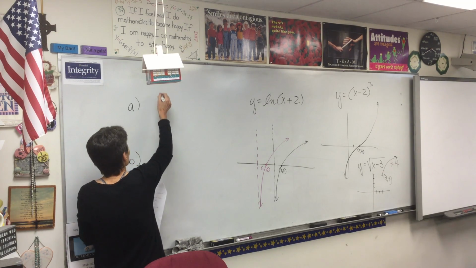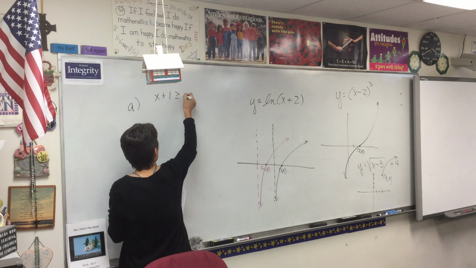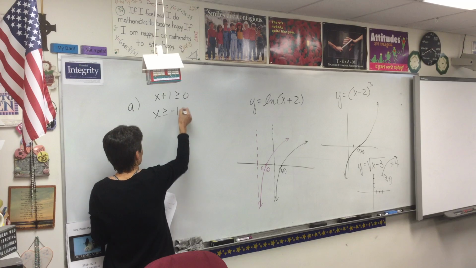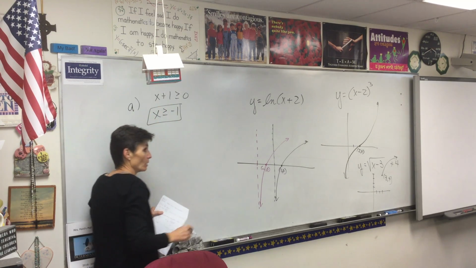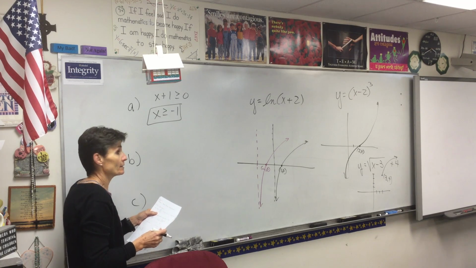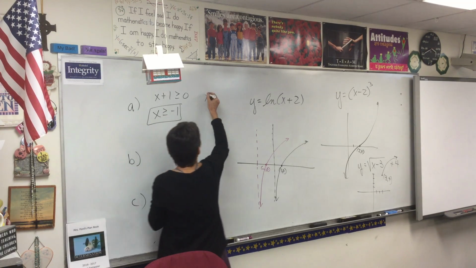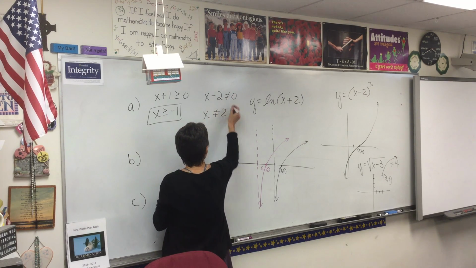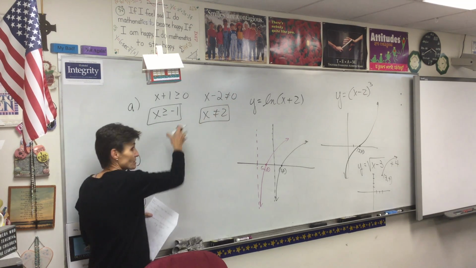So in A, x plus 1 has to be greater than or equal to 0. So x is greater than or equal to -1. And the denominator cannot be 0, so x cannot be 2. So that's the answer to A.